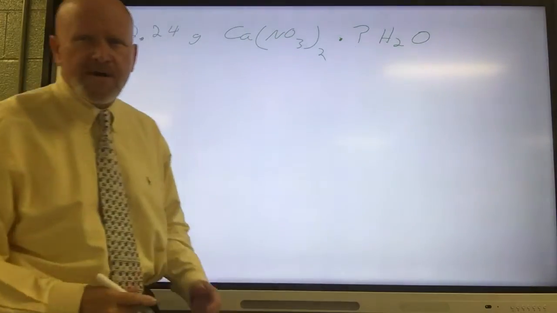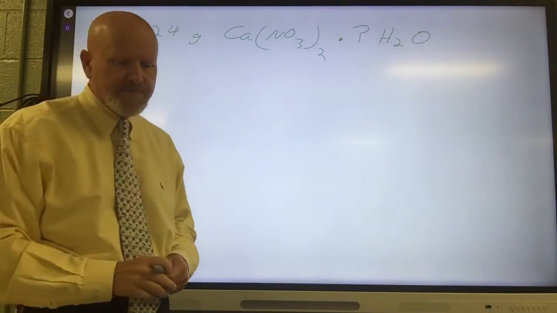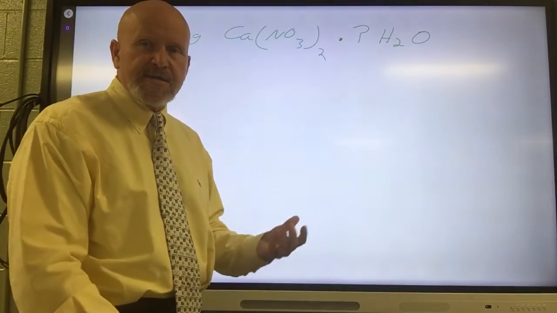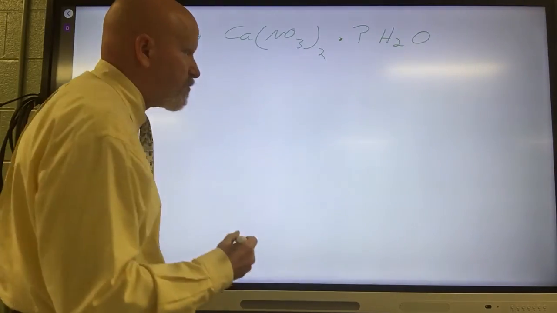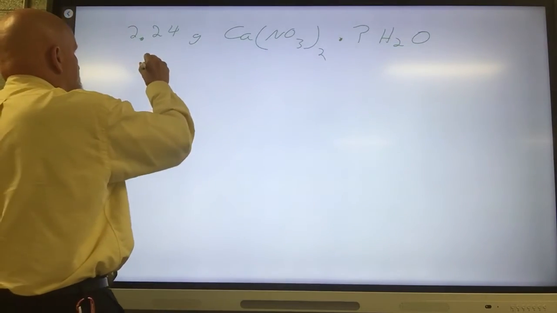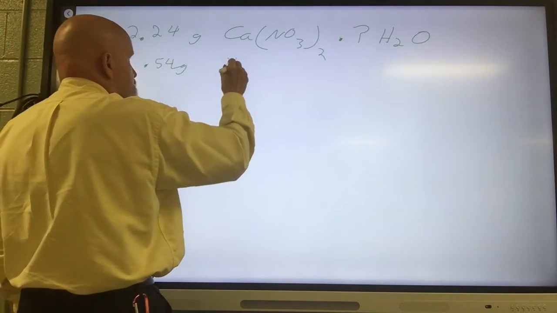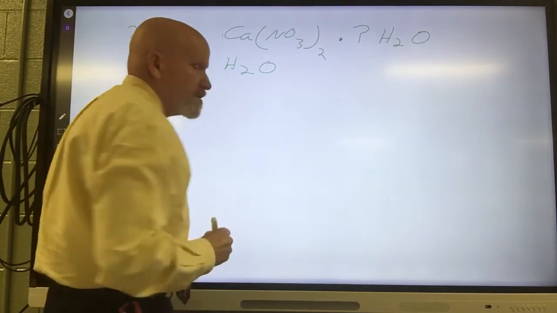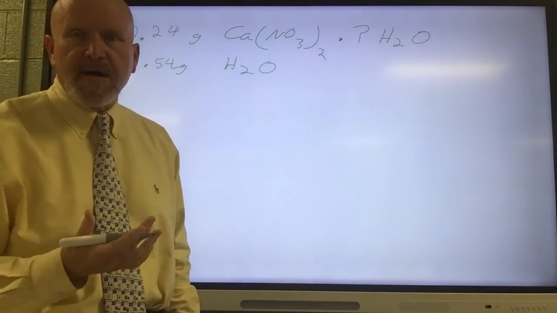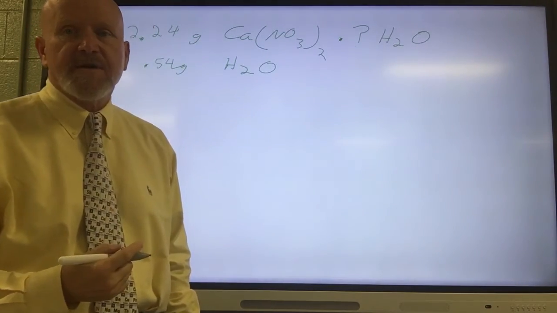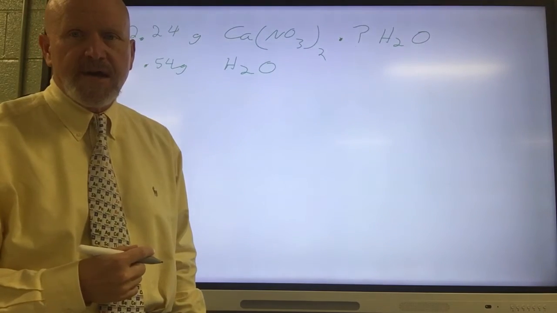So it's got some waters attached to it. We don't really know how many. Well, in the data it says 0.54 grams of water is given off. So that's the mass that you lose when you heat this stuff up, that's how many grams of water we actually have.